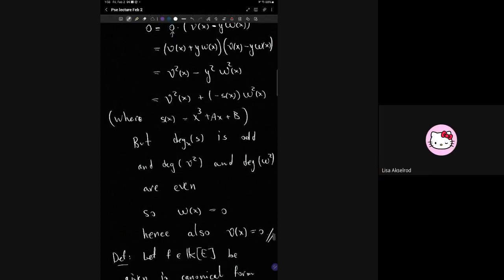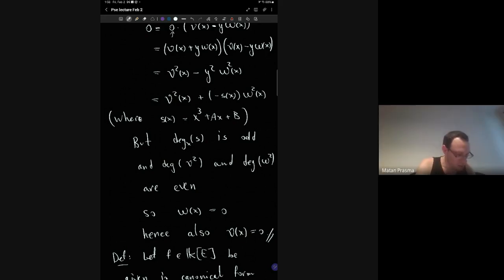But in fact, if you multiply the odd degree of s(x) and the even degree of omega(x), you will get an odd degree. And nu also has even degree. Right, let me think.